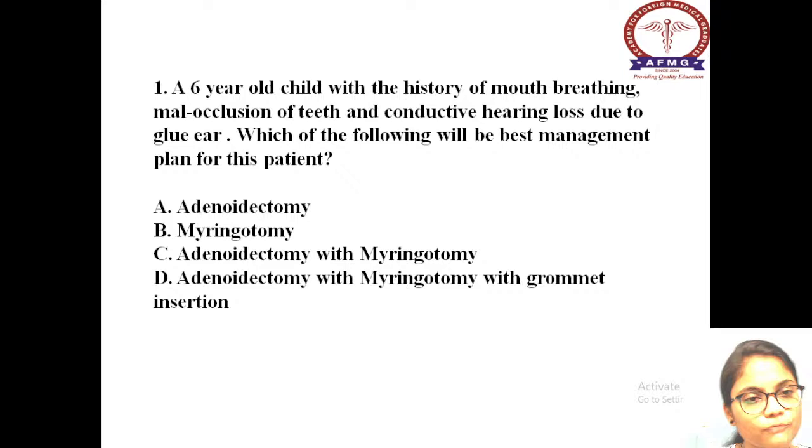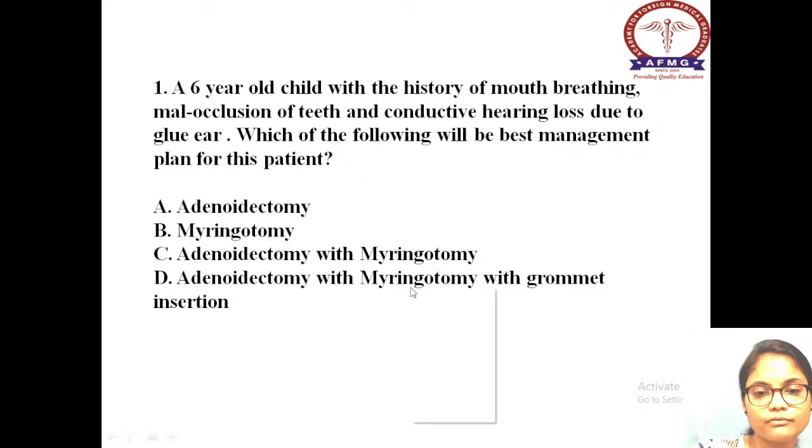So for the first question, the answer is D, adenoidectomy with myringotomy with grommet insertion, right? So why are we going with option D?